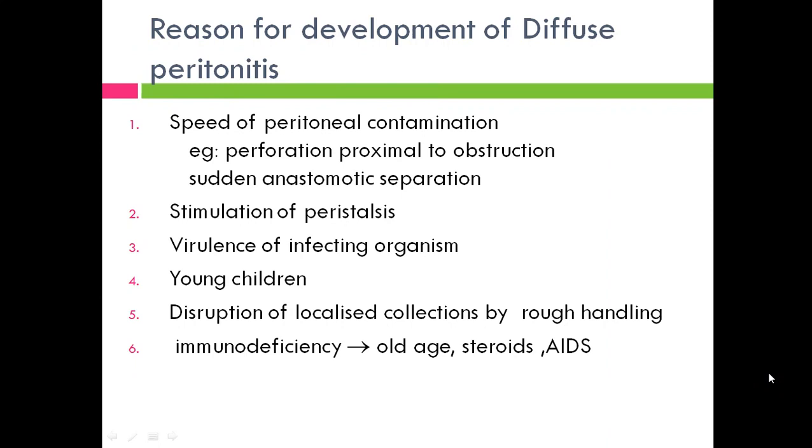Other factors are the virulence of the infecting organism; young children, where the omentum is not well developed, so the abdominal policeman is not coming into action; disruption of the localized collections by rough handling during surgery; and immunodeficient patients like old age, steroids, diabetes, or AIDS.